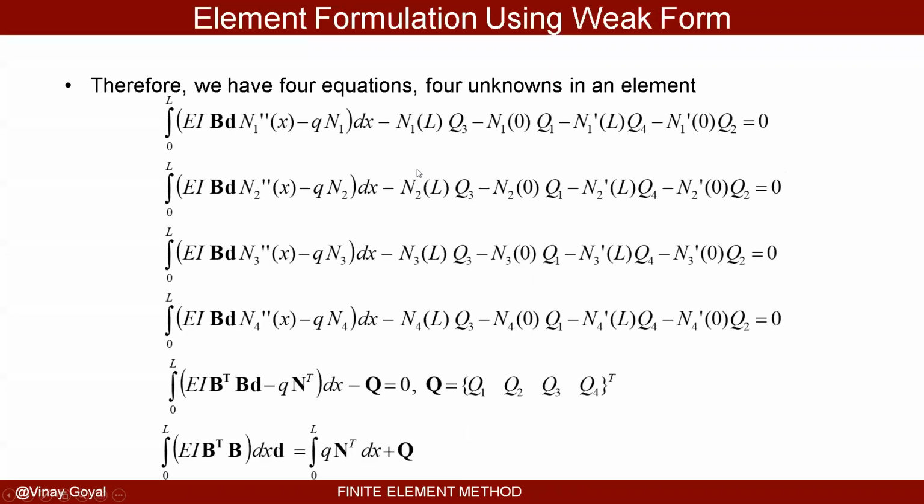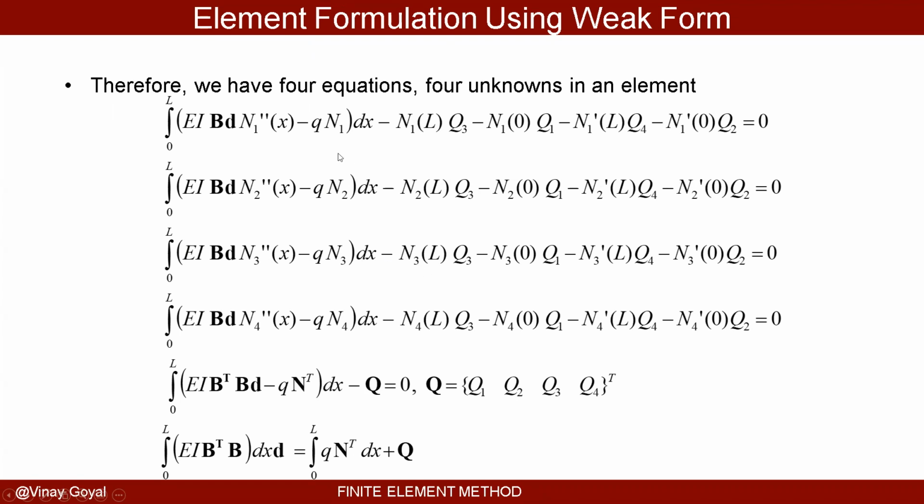Then for V, again, N2. You can see that there. And then I plug in N2 in each of these coefficients, and you will see that the only thing that will survive is that this will be a 1. It has to be that way because of the way that these shape functions were derived. And then I can do the same thing for the third equation and fourth equation.